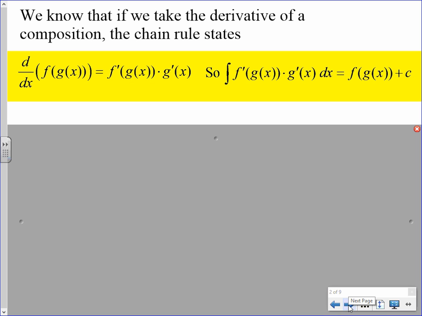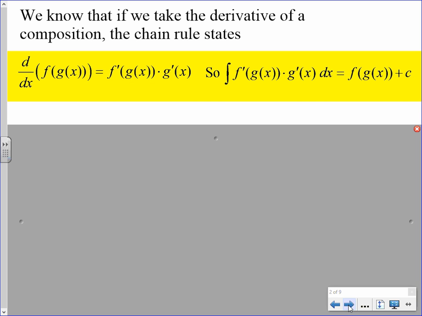All right, so we know if we take the derivative of a composition, we have to use the chain rule. So F composed with G, when we take the derivative, we get F prime of G times G prime, right?